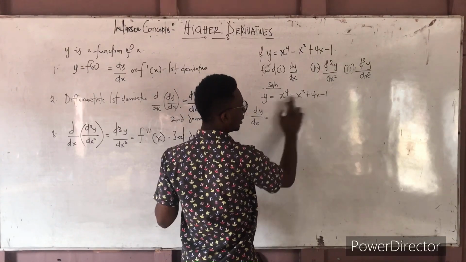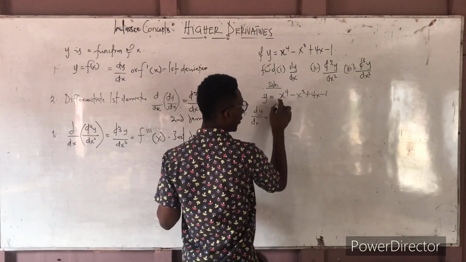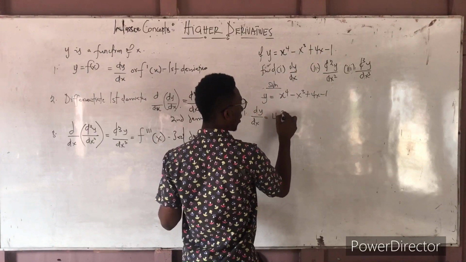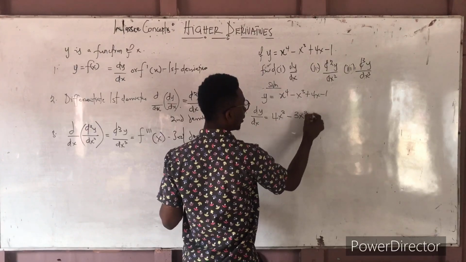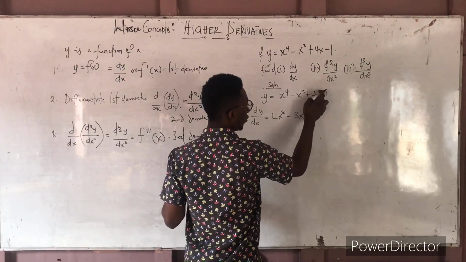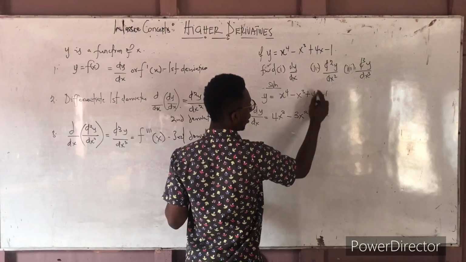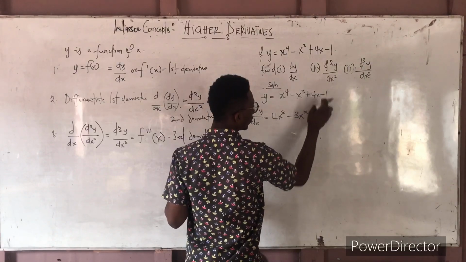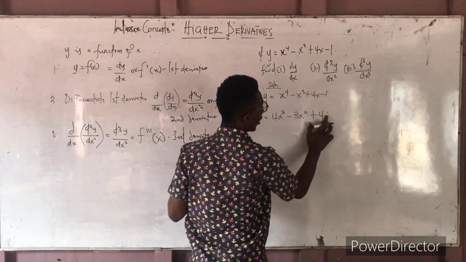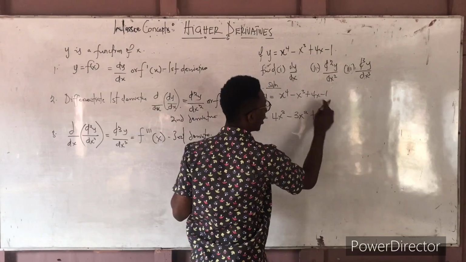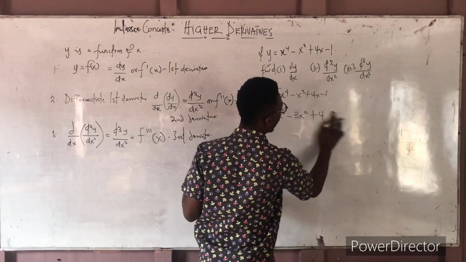We find the derivative of each term individually. So this will give you 4x cubed, this will give you 3x squared minus, and this will give you 4, since x exponent 1 minus 1 is x exponent 0, which is 1. The derivative of the constant is 0, so you don't bring it.